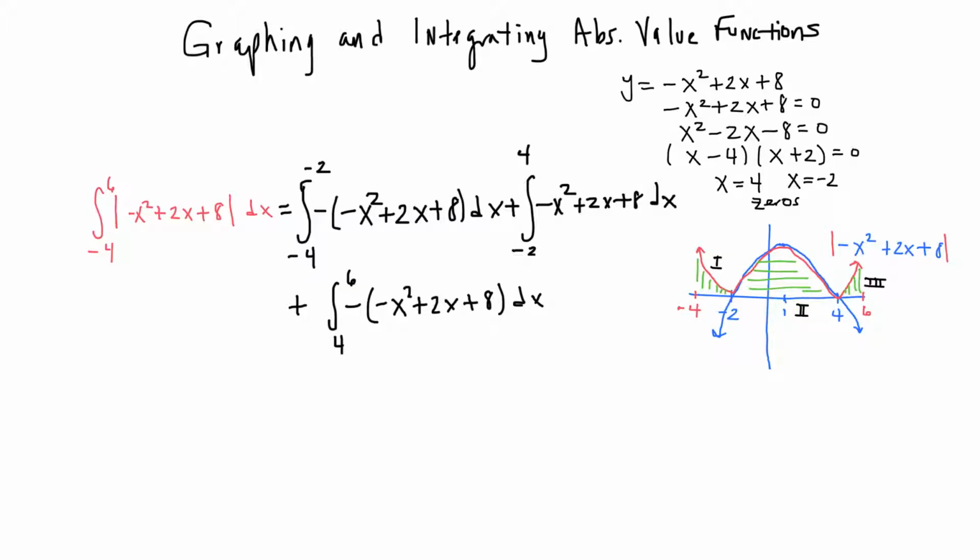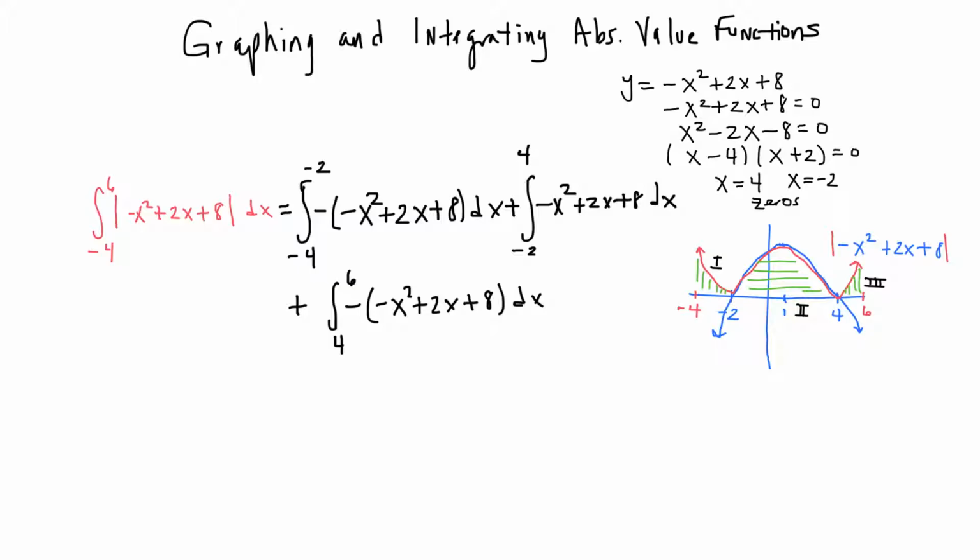Pay attention to the limits: -4 to -2, -2 to 4, 4 to 6. And very important, please understand why we have this negative here and that negative there. Because when you take something below the x-axis and you want to move it to the top or above it, you are taking the opposite of it.